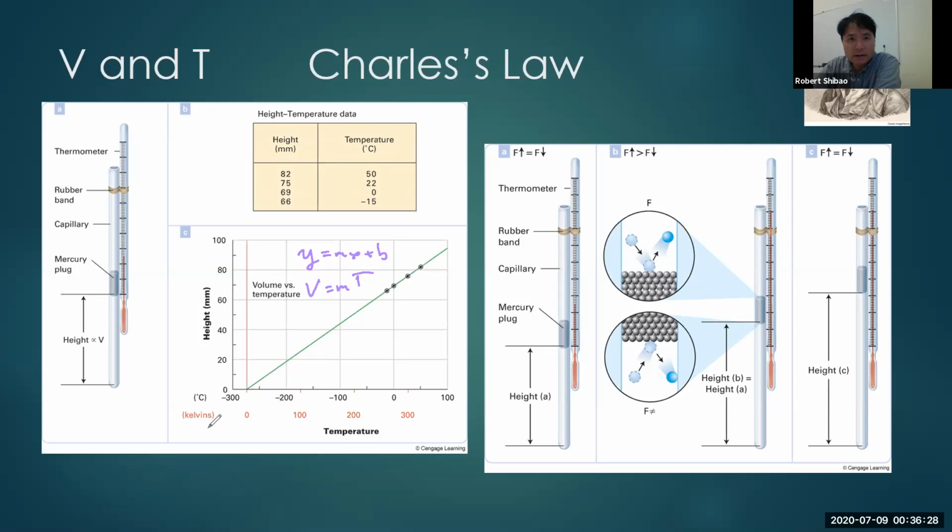If we use Kelvin versus Celsius, if we use Celsius, the intercept here is minus 273 degrees Celsius. If we use Kelvin, the intercept is 0 Kelvin.